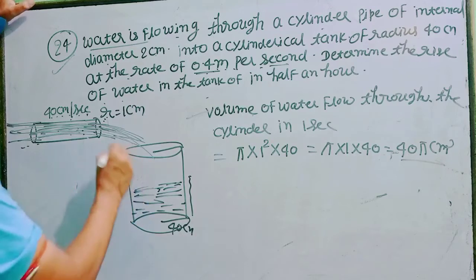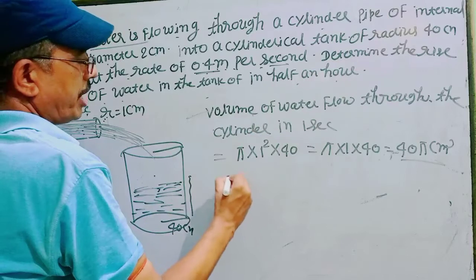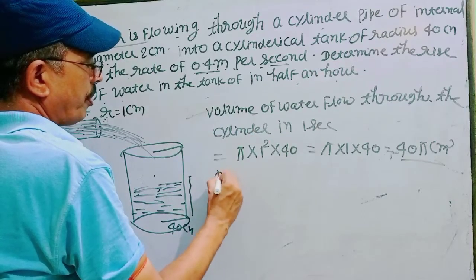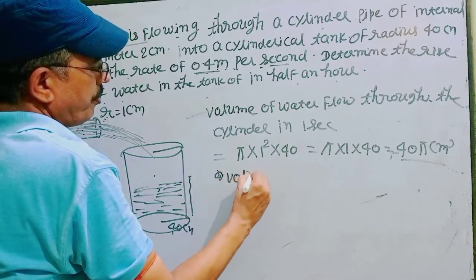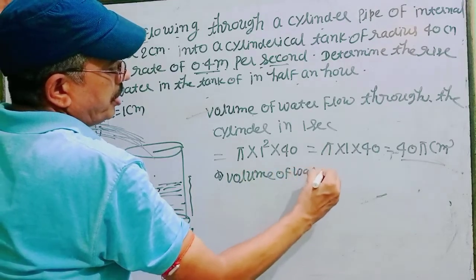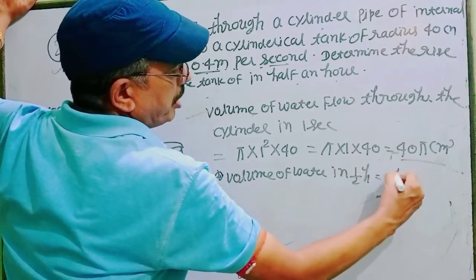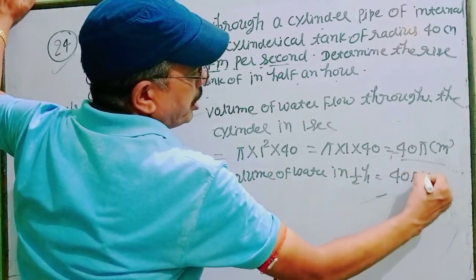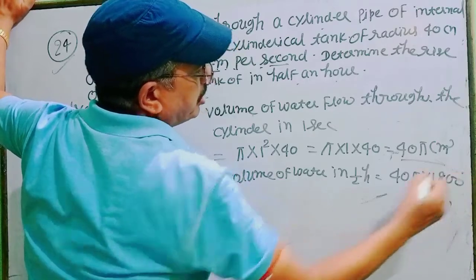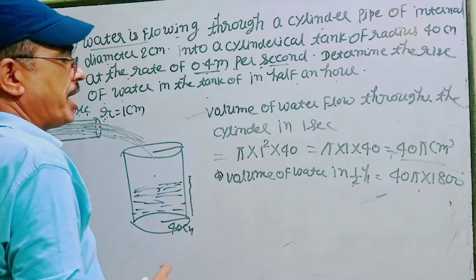Your question is this water flows in the cylinder in half an hour, that means what volume of water in half hour is equal to 40 pi into 1800, because in half hour there are 1800 seconds.